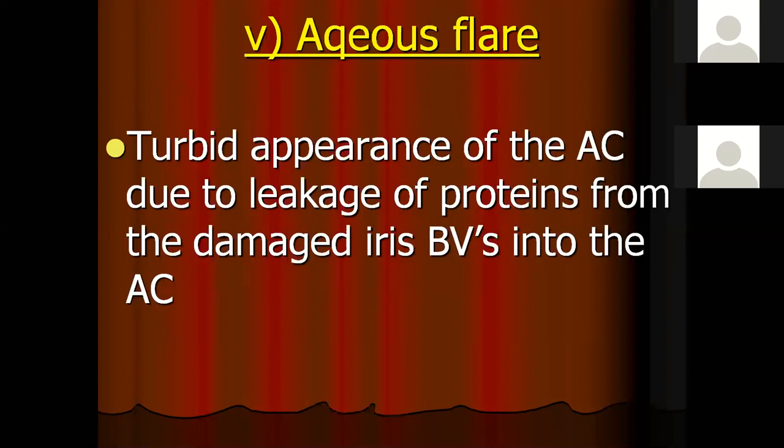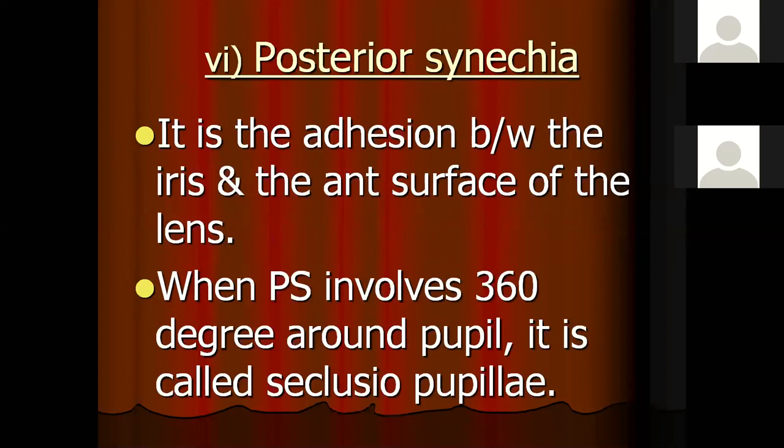Next clinical feature is posterior synechia. Now there are two types of synechia. One is called anterior and the other is called posterior. Synechia means adhesion. Posterior synechia means adhesion between the iris and the anterior surface of the lens.